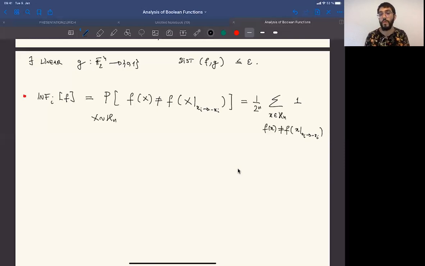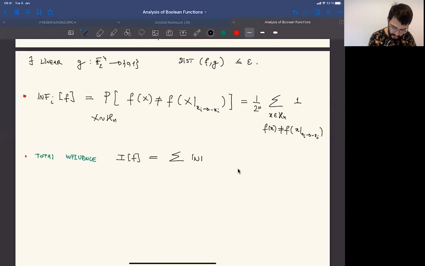Okay, so you take all the x's for which if you put +1 in the variable i, and if you put -1 in the variable i, the value changes. So that will be the influence of the variable i, and then the total influence is just the sum of the influence of each variable.